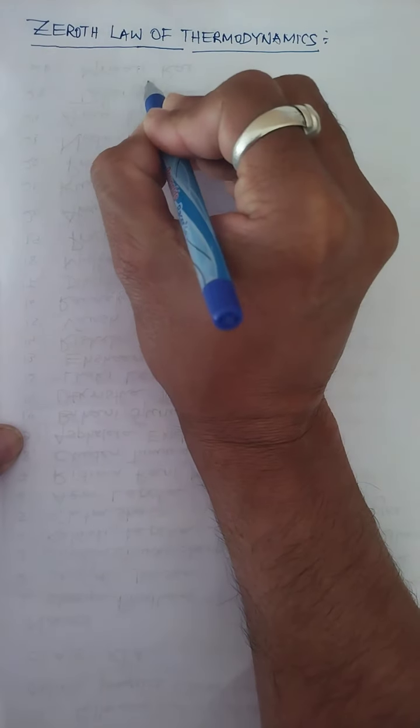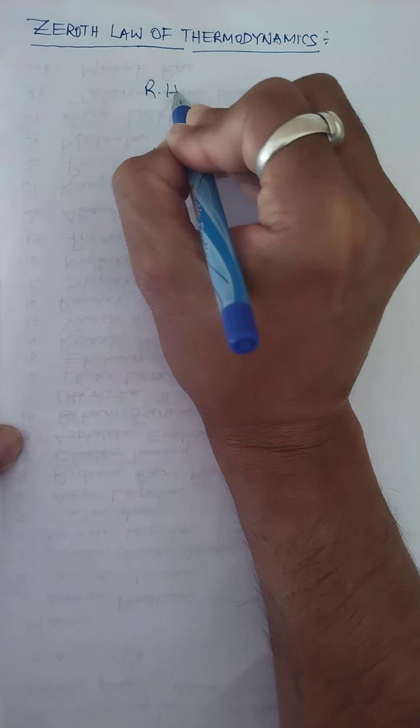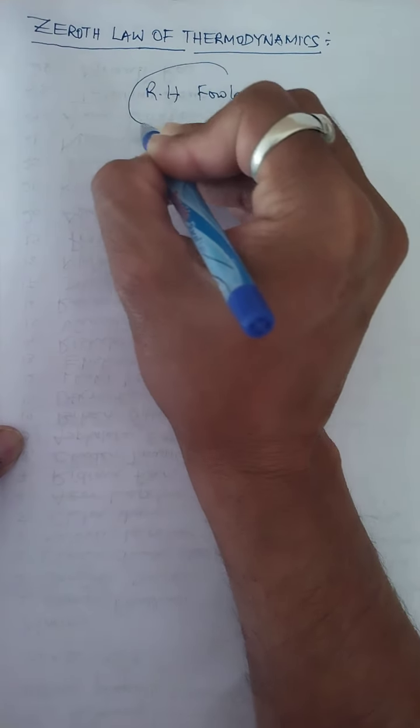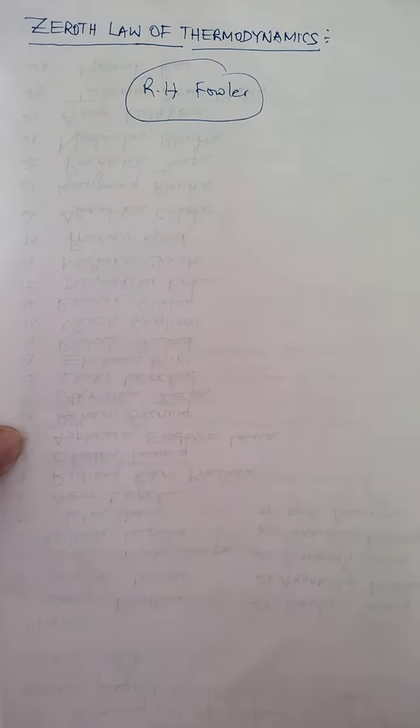Now, to understand the zeroth law of thermodynamics: this law was formulated by the scientist R.H. Fowler. He was the person who actually formulated the zeroth law.